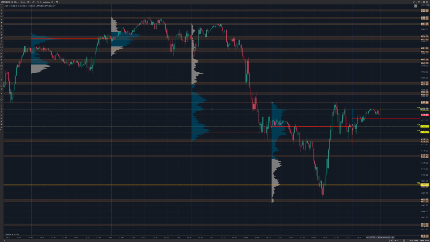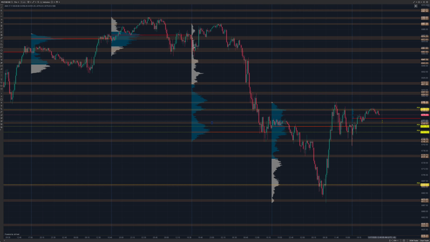We have the advantage of knowing the Asia session already. And I would say there is some space in between, probably around this area here, because this one is support, this one here is resistance, and it was quite a high volume area on the day before.